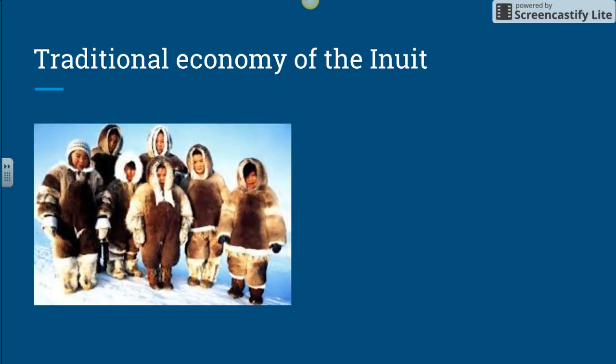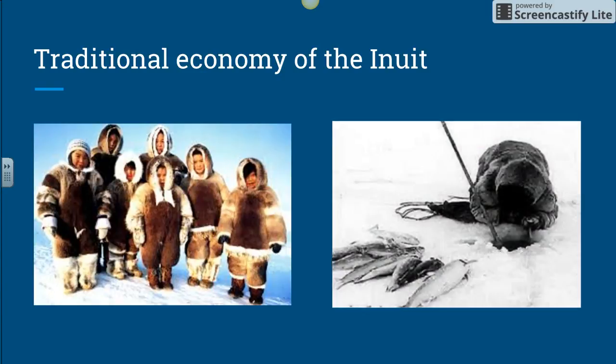Here's an Inuit family, and they likely made all of the clothes that they're wearing out of seal hides or caribou or whatever it may have been. They live in a pretty traditional economy, and they do a lot of hunting and fishing.